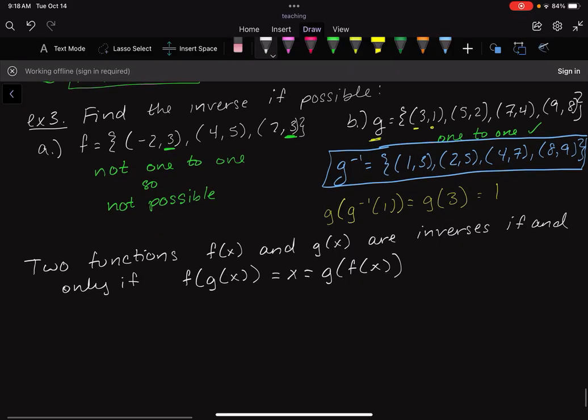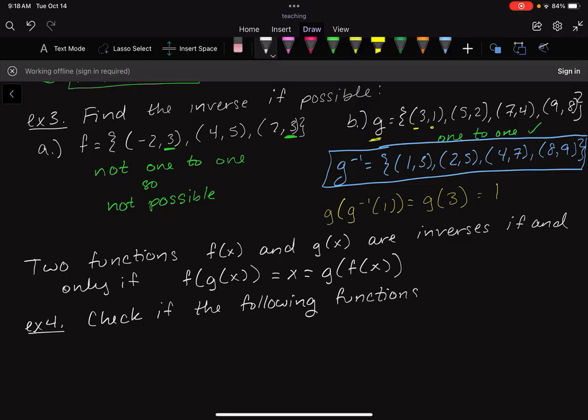So of course we'll do an example. Example 4, we'll say check if the following functions are inverses. And we'll say f of x equals x cubed minus 1 and g of x equals the cube root of x plus 1.